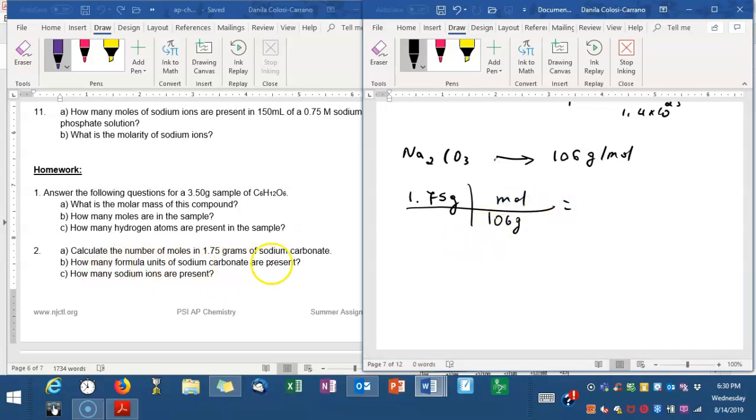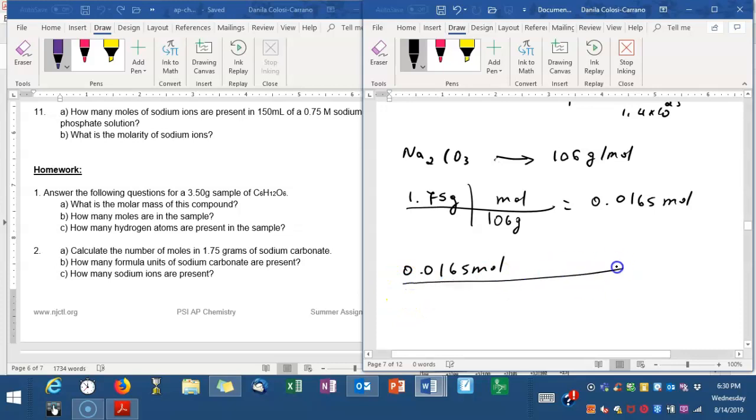How many formula units are there? Well, this is 0.0165 moles. So if this is how many moles you have for the whole sodium carbonate, they are asking how many formula units are there, which is the same as how many molecules are there, but those are not molecules.